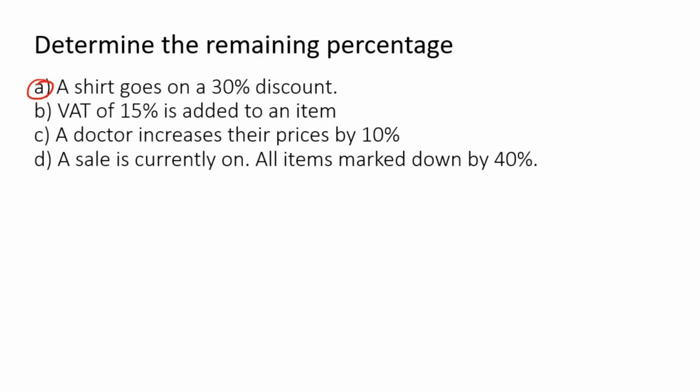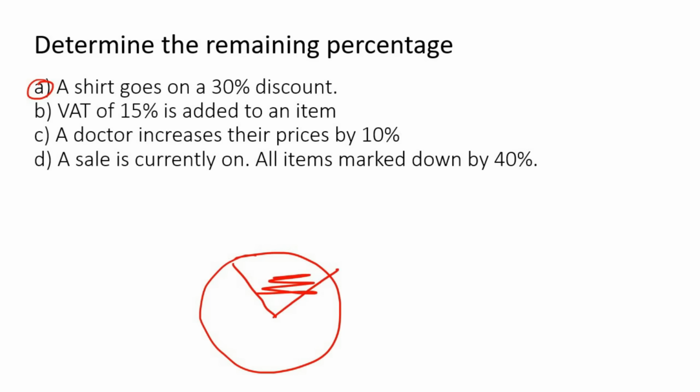So it tells you that a shirt goes on a 30% discount. Imagine the shirt was originally at its normal price, which is 100%. That just means everything, okay? Now, if it goes on a 30% discount, that means we're going to take 30% away. So we're going to cut out 30%. So what is left over?